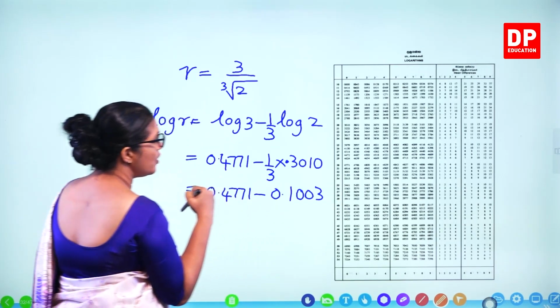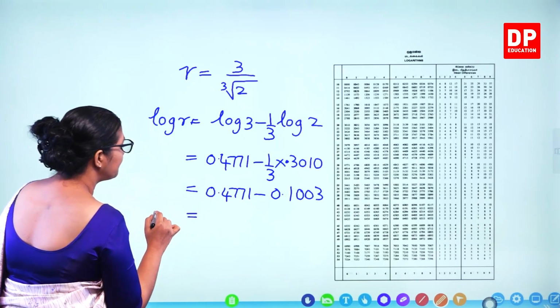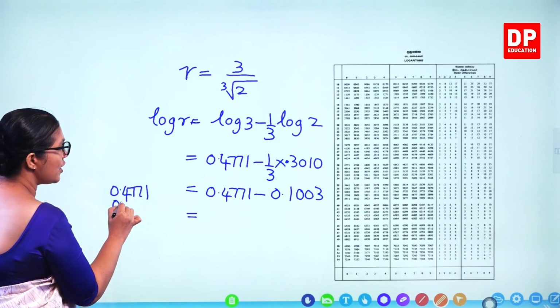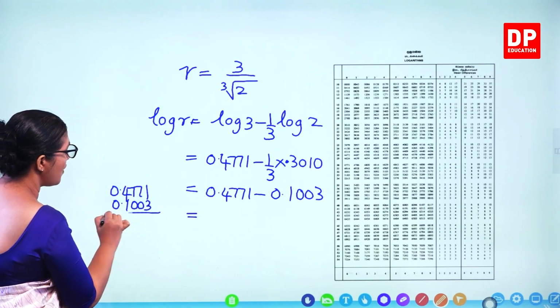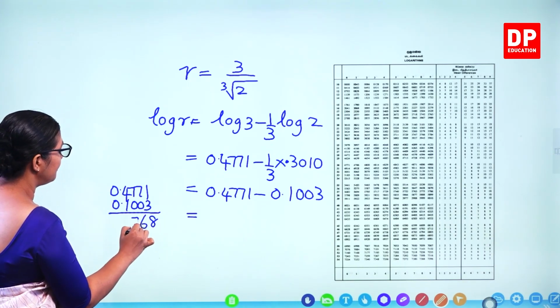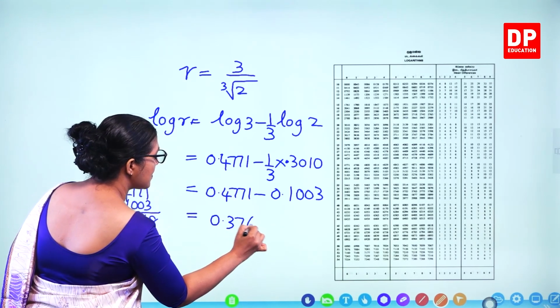So you don't need to add. So 0.1003. Now subtract 0.4771 minus 0.1003, and you get 0.3768.